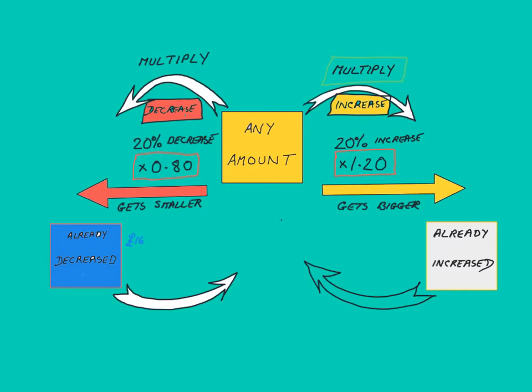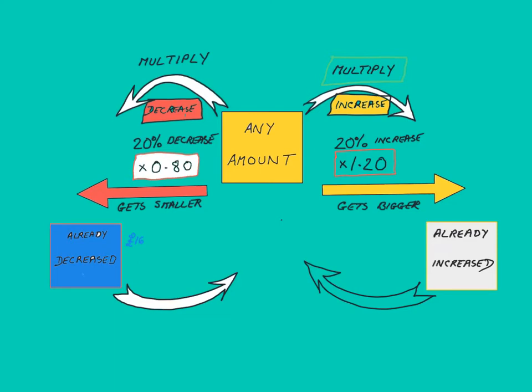Well, you'll remember, I'm sure, that to take the original amount and reduce it by 20%, what we need to do is multiply by 0.8. And what's the opposite of multiply? Well, the opposite of multiply is divide.